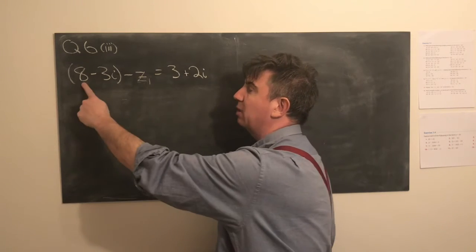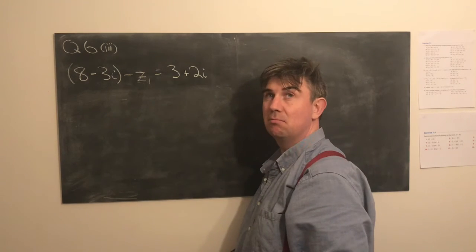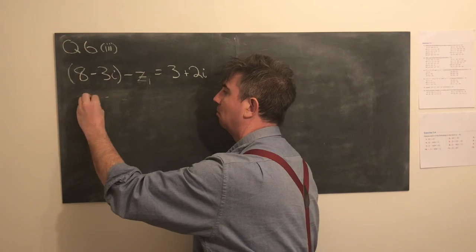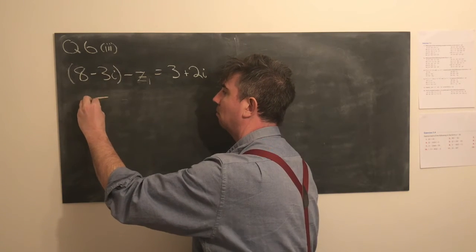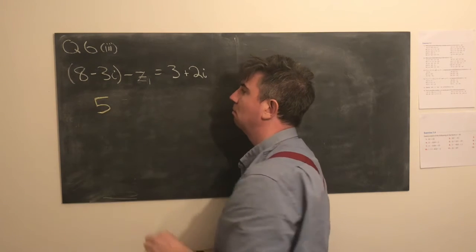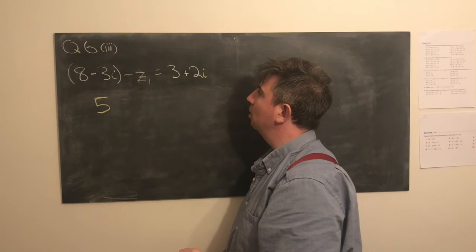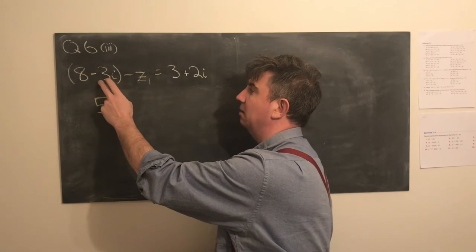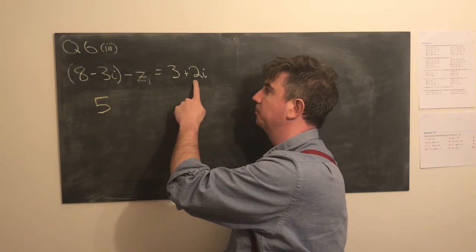So what do I take away from 8 to give me 3? 5, okay? Now, what do I take away from minus 3 to give me plus 2?